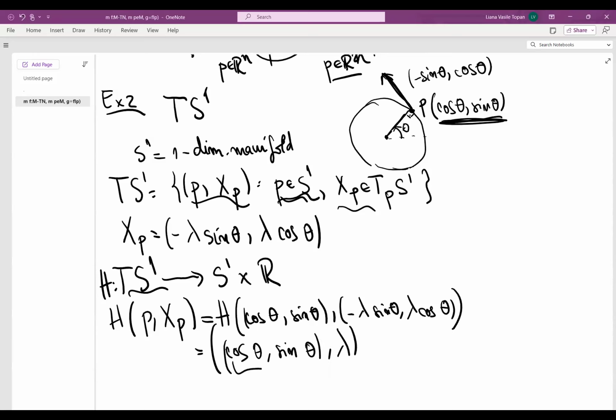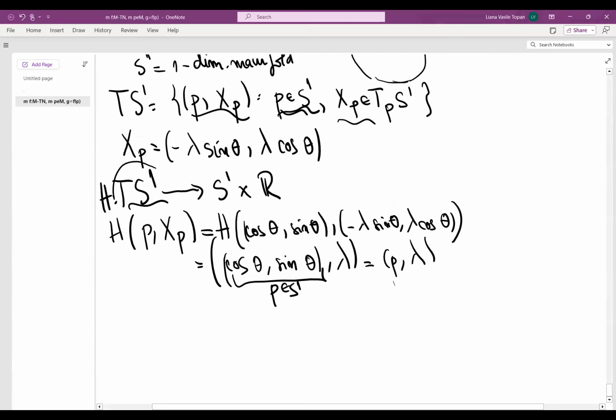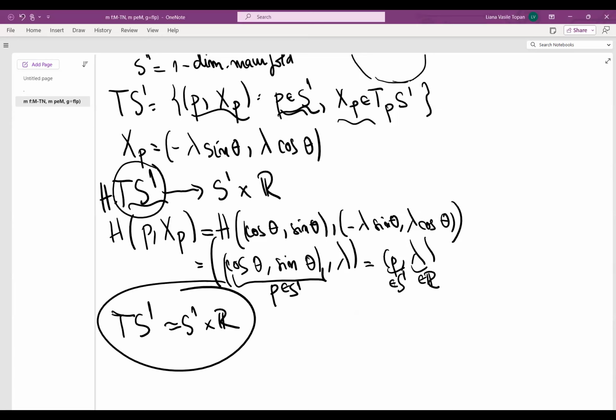This guy here is our point P. So this is in fact P, lambda. Which shows that this is in S1, on the circle, and this is in R, right? So in fact, the tangent bundle of the circle will be the same thing as S1 times R.